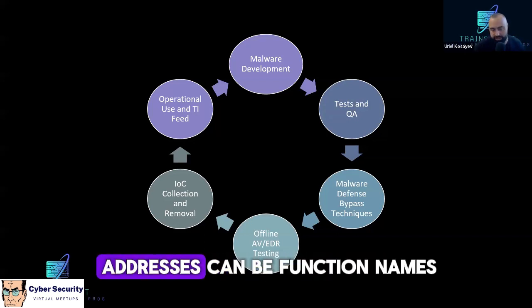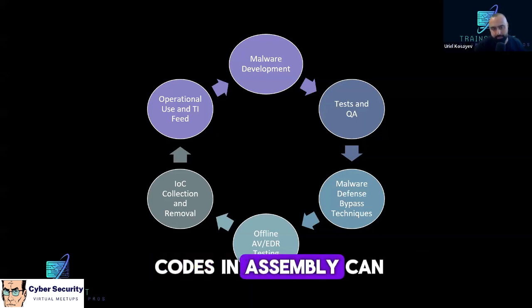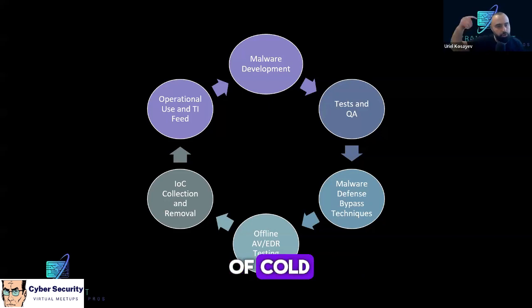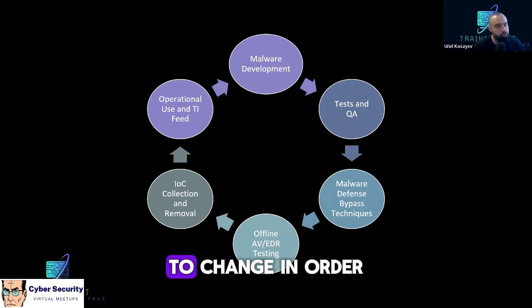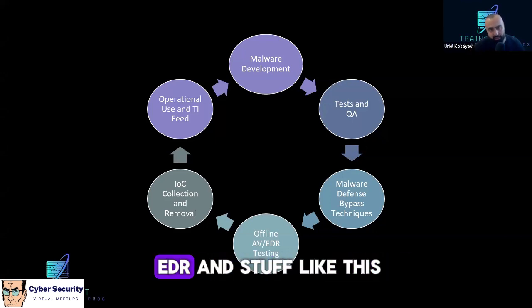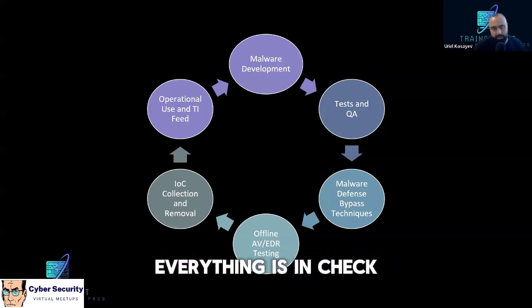It can be IP addresses, function names, pieces of opcodes in assembly, a lot of stuff. Maybe a chain of called Windows API functions that you want to change in order to evade hooking mechanisms in EDRs and so on. And you basically want to make sure that everything is in check.